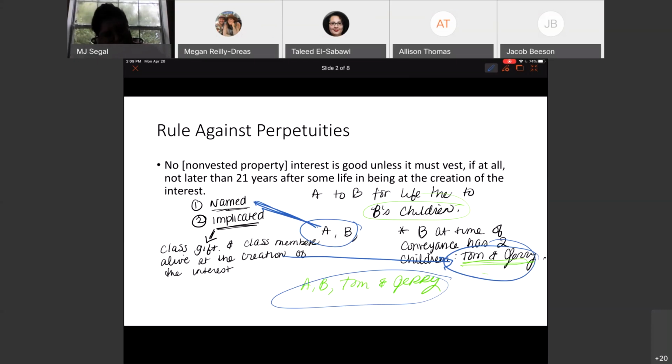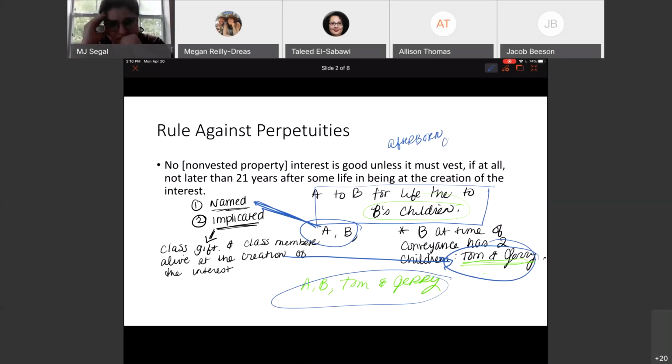For the purposes of rap, which are the measuring lives? Okay, thank you. Okay. So if B has a child after this conveyance, then that child is called an afterborn child. And afterborn children are not measuring lives.